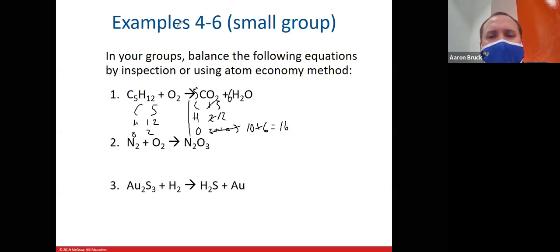Now, unlike the first example that I did, this is not an odd-even mismatch. 16's an even number, 2's an even number. They're both even. So I don't need to double everything like I did there. I can just balance it directly. 8 sets of 2 would give me 16, and that would balance out everything.